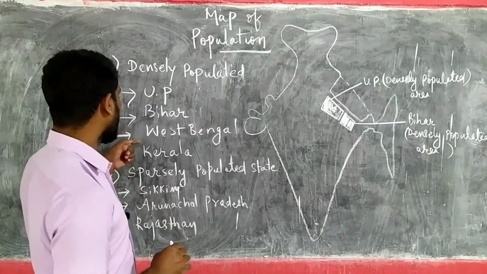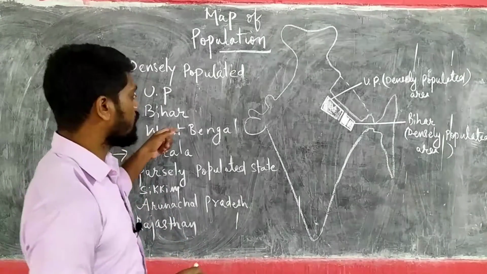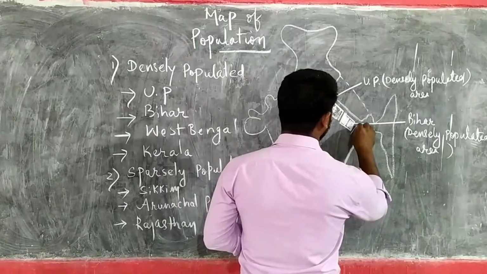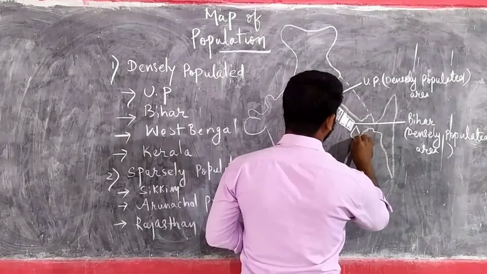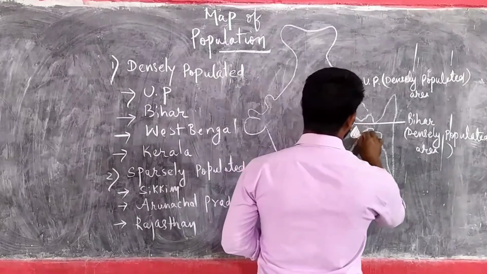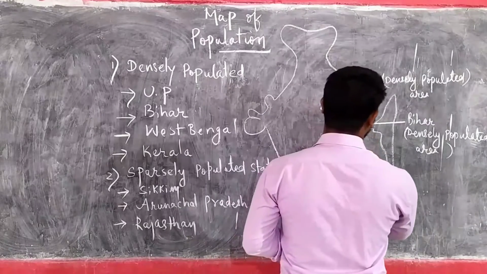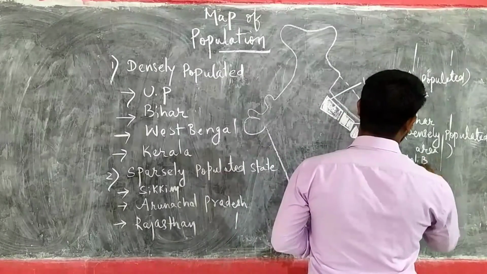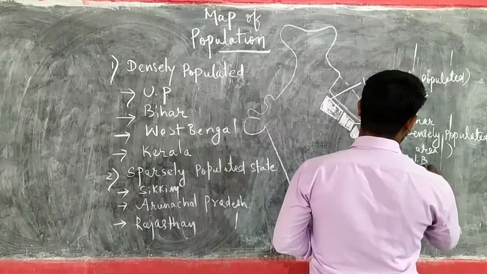Then we have West Bengal. West Bengal is just close to Bihar again. It is this side. This is the area where West Bengal is located. So here also you need to write West Bengal densely populated.